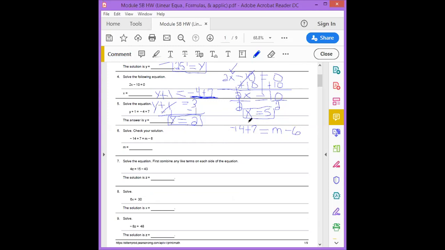Now look on the left side, we can go ahead and combine these 2 integers. Negative 14 plus 7 gives us negative 7 equals m minus 6. Now to solve this equation, we want to get m by itself on the right side of the equation. All right, the opposite of subtracting 6 is to add 6 to both sides.